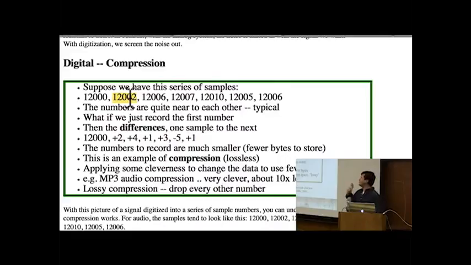A simple example of lossy compression, sticking with my audio sample example here, would be: what if we just threw out every other number? We've got 44,000 of these a second. Let's only record 22,000.